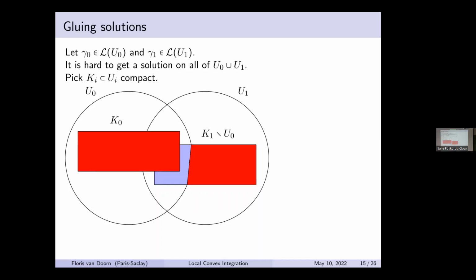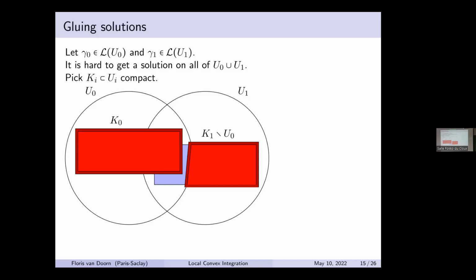So what do we do? We pick our first compact set K0, and from our second compact set we remove the intersection with U0, and so we have a compact subset, assuming that U0 and U1 are open, which I'm assuming here.